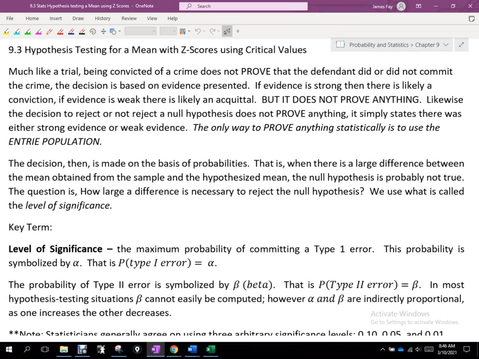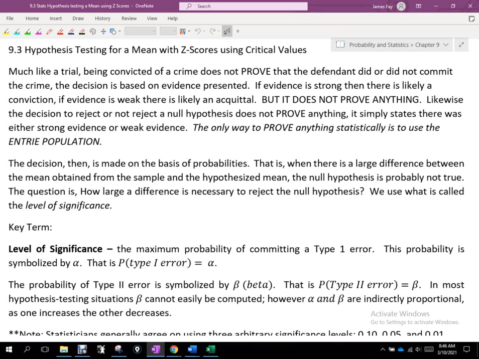We could say, going through the data maybe, that we accept or fail to reject that null hypothesis, which would mean that they do have less than 20%. But that doesn't prove anything because they could indeed actually have more than that. We just are saying that the evidence is strong enough to not reject. Does that make sense? Okay.